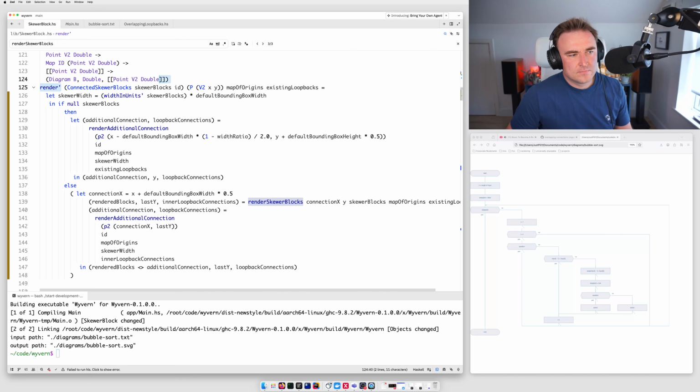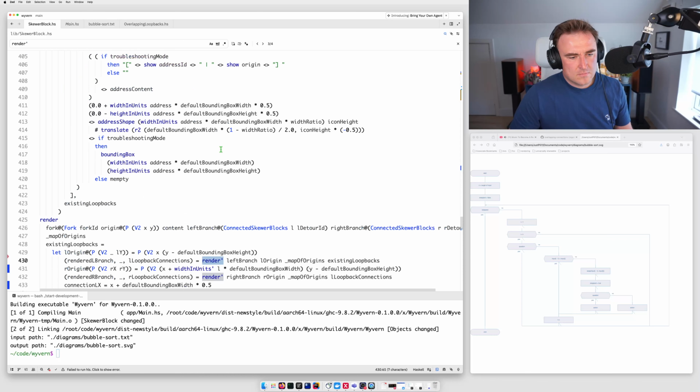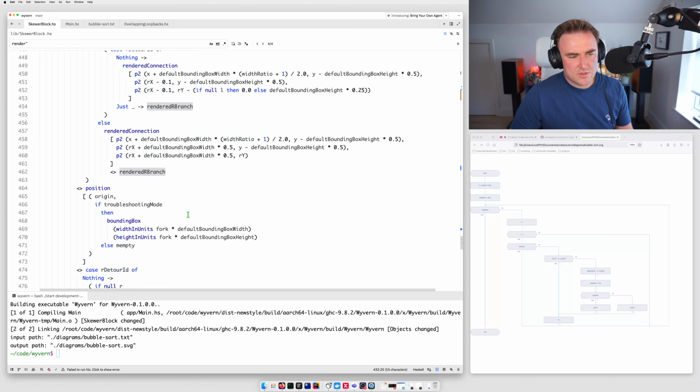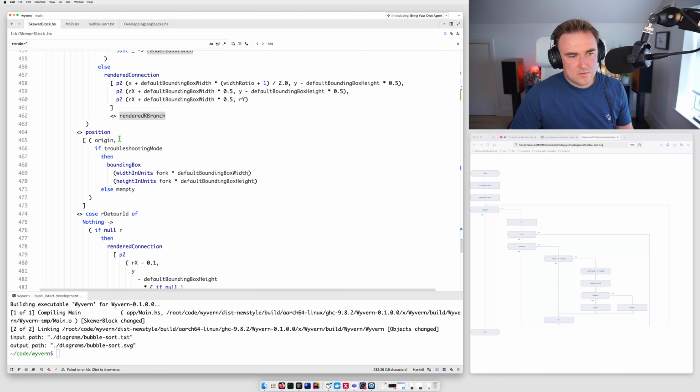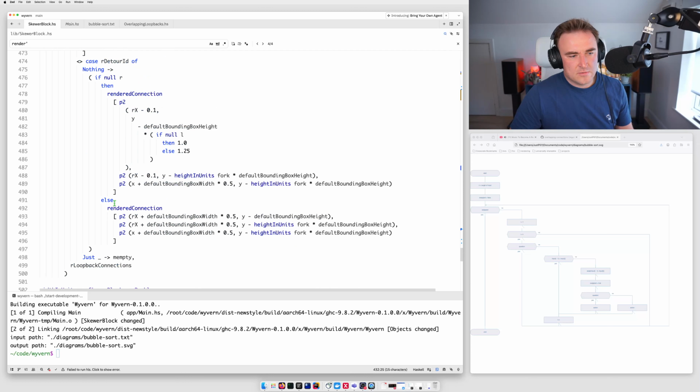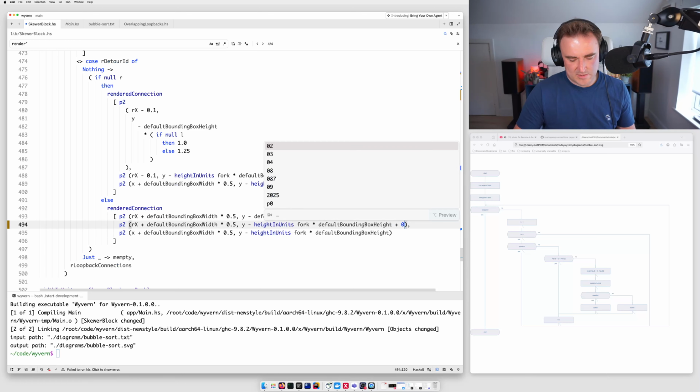It rendered our branch, and this is the troubleshooting mode. If there is no detour, I think this is our connection. So the two last points is okay, got it. So we just need to lift it up by, say, 0.1.